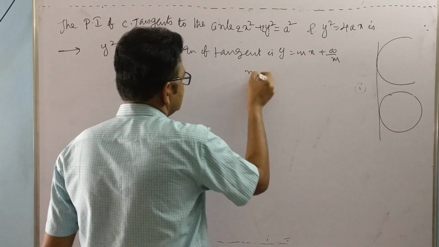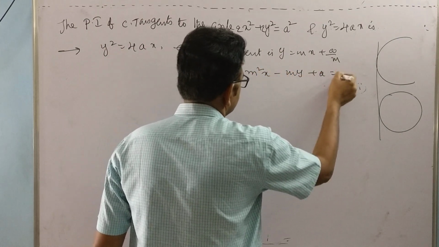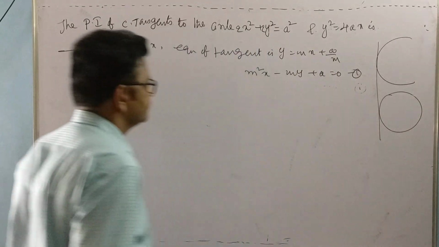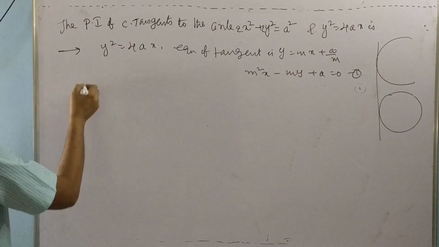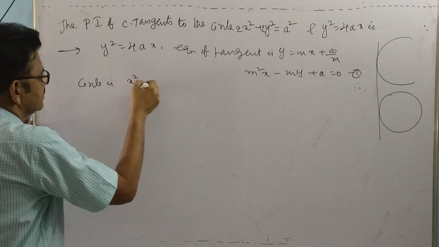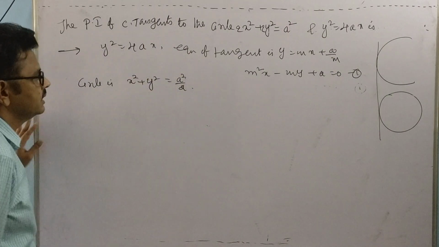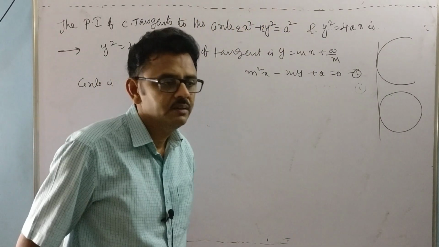That implies m square x minus my plus a equal to 0. And the circle equation, 2x square plus 2y square is equal to a square. Dividing by 2, this equation.